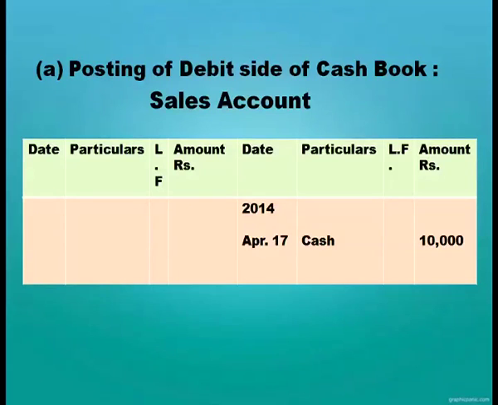So, how will you post in the sales account? You have to open the sales account and post on the credit side by cash, amount and date in the respective columns. On the debit side of the cash book, you have seen the sales and you are opening that account, and on the credit side you are posting.